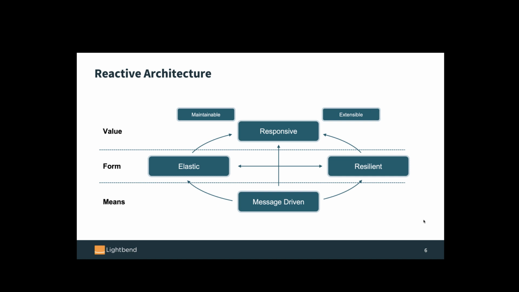But to go through each of these, reactive architecture starts at being responsive. You want to make sure that first and foremost, if you get a request from another system, or from an external user, your application does the absolute most it can to respond to that request. Then beyond responsive, we have on the left side there, elastic.